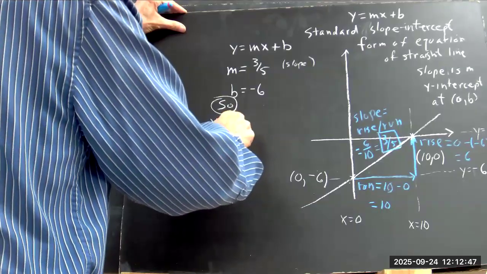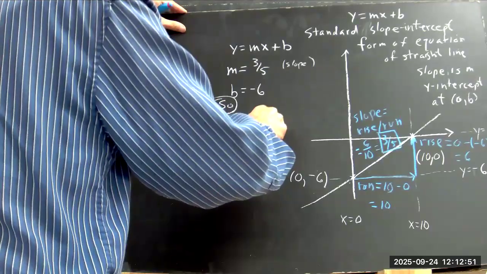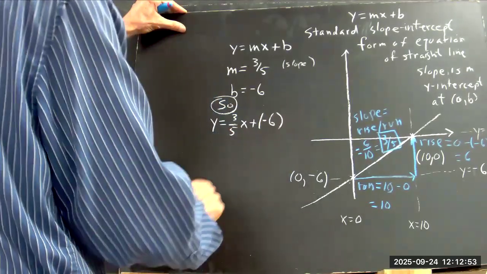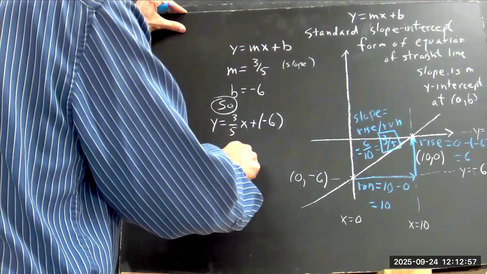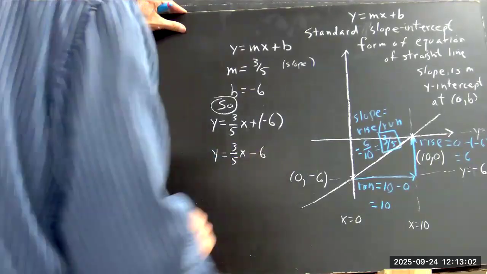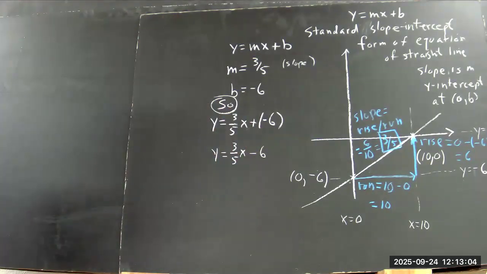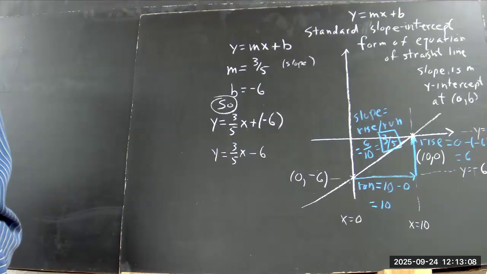So y equals 3/5 x plus b, which is plus -6, and plus -6 is a little clumsy. That just comes out as a -6. So we have y equals 3/5 x minus 6. Makes sense?